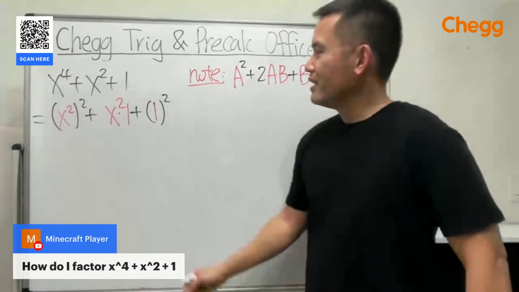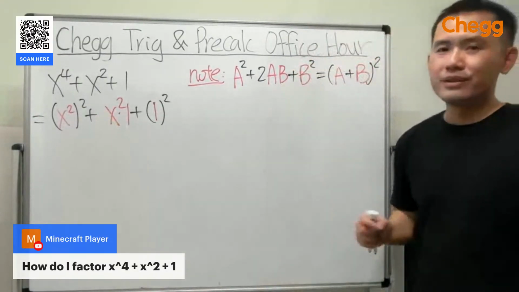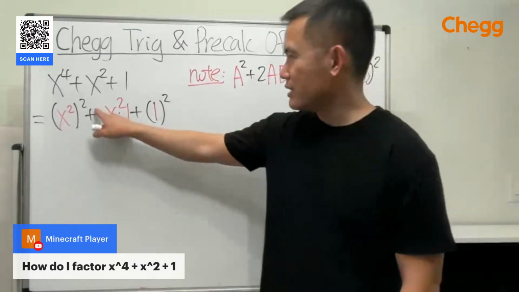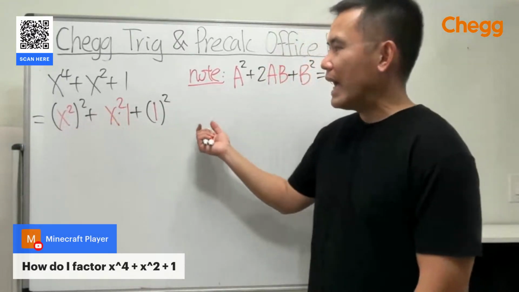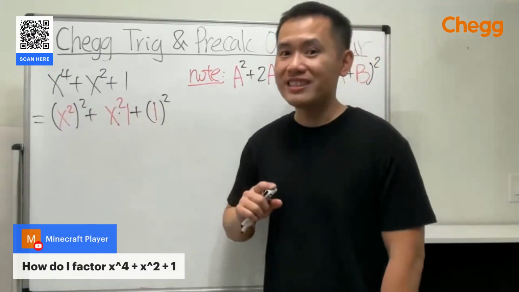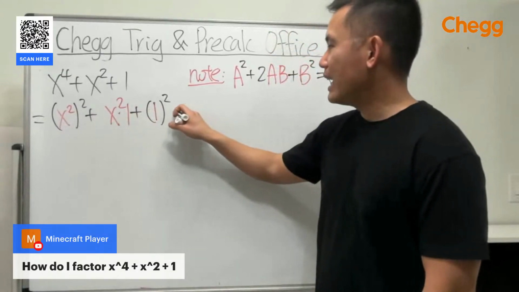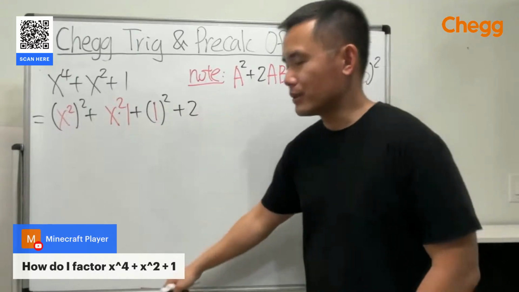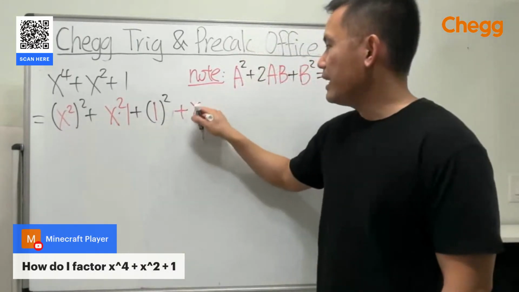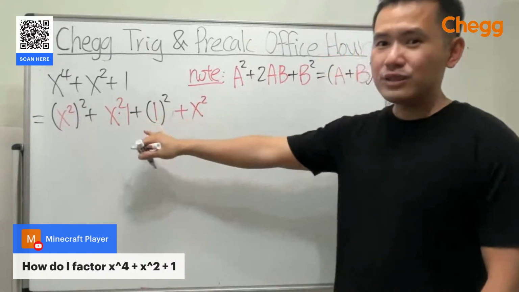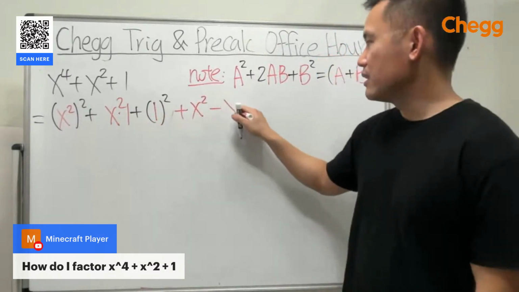We're almost there. We just need the 2. I cannot just multiply this entire equation by 2, though. We cannot do that. But it's okay for us to just add one more term. Check this out. I'm just going to add x squared. But I cannot just add it. It's okay, though. Just go ahead and subtract it.